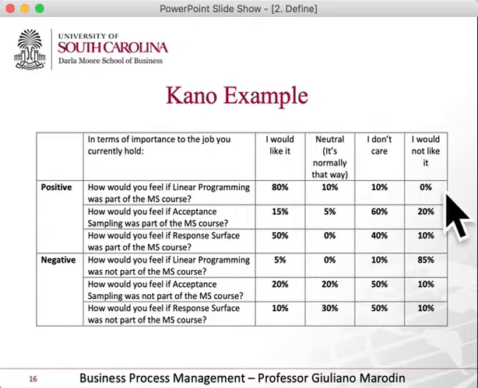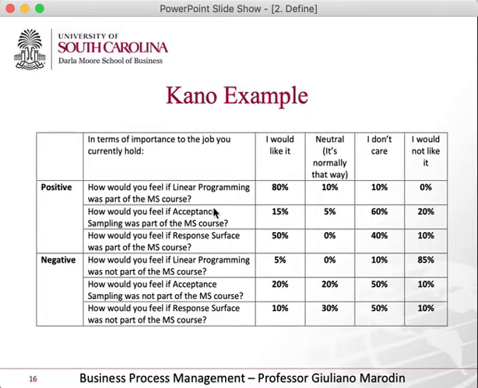Because people don't care about acceptance sampling. And 20% said, I would not like it, right? And then response surface, 50% said I would like it, 40% I don't care, and I would not like it at 10%, right?